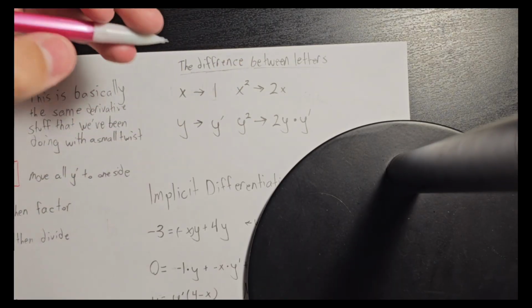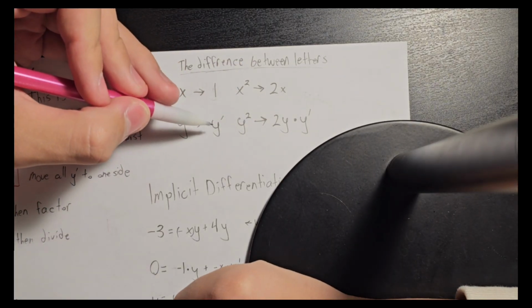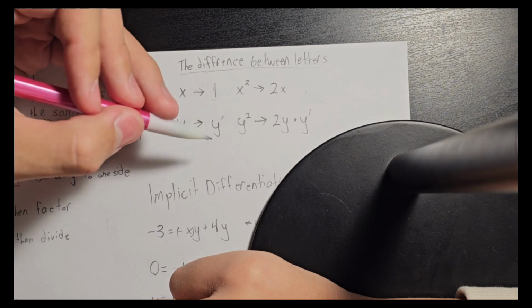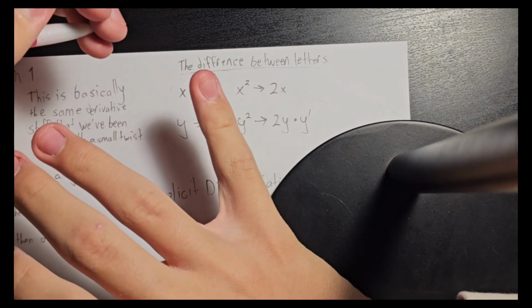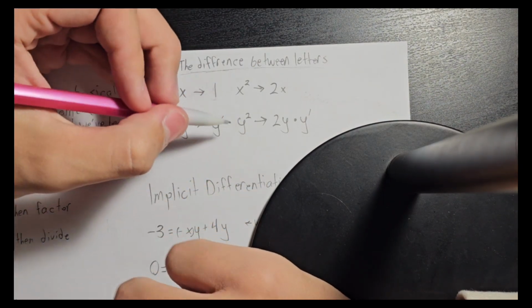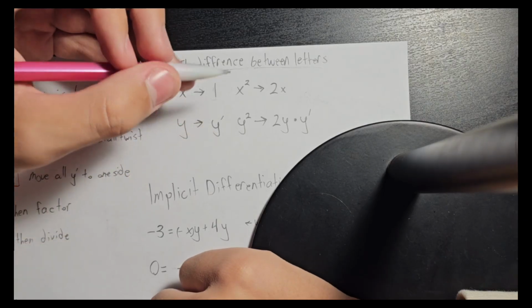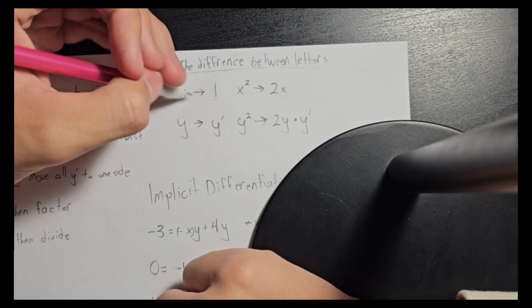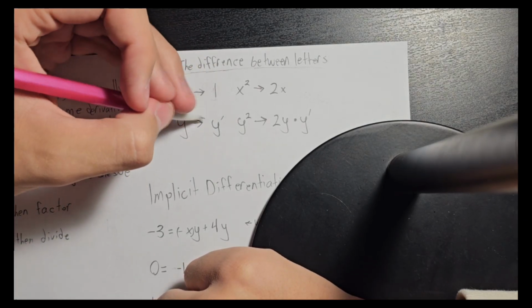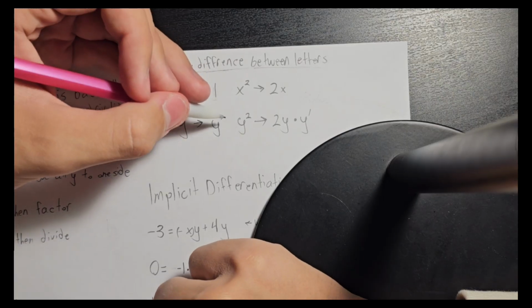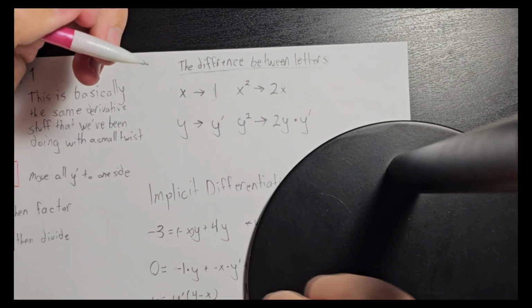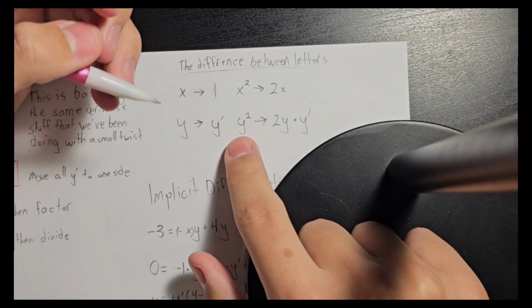Simple as. However, with this one, you're just multiplying it by whatever number you get for that. It's the same thing, except you multiply it by y prime. So instead of x becoming 1, it's y becomes 1 times y prime, or just y prime. A simpler one to look at would be y squared right over here.